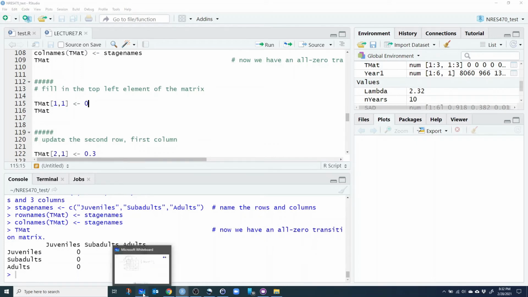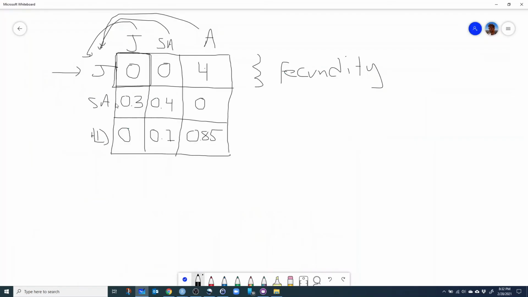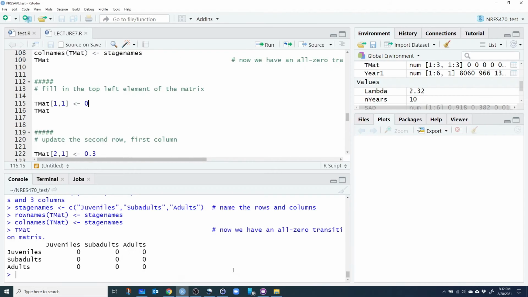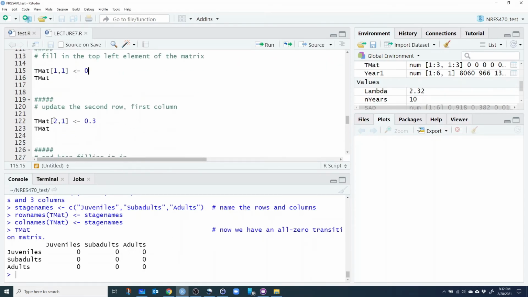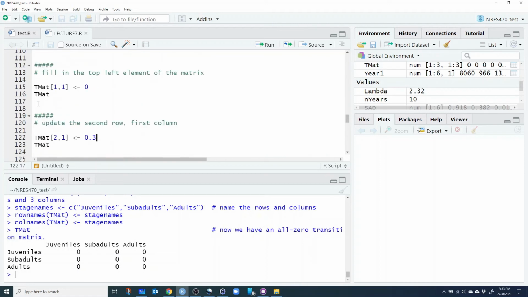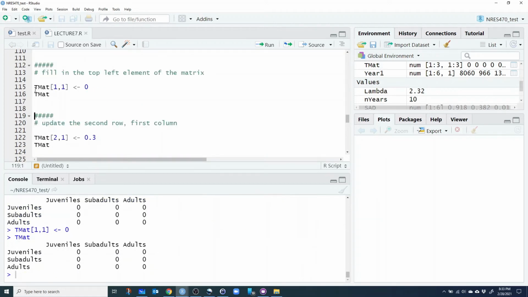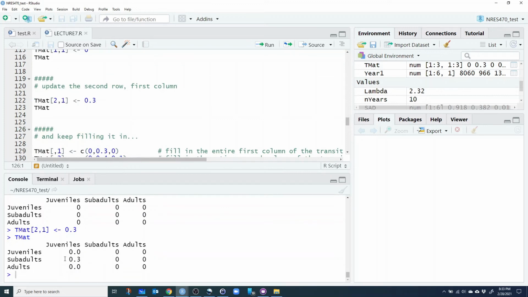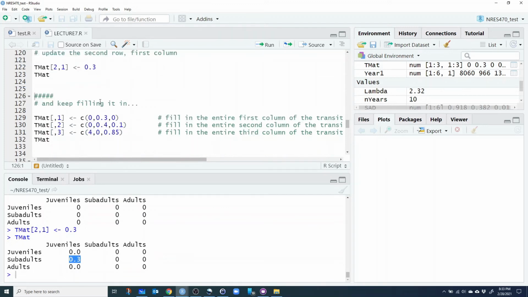Now if we go back here, we remember that the second row, first column should be 0.3. So let's say the second row, first column should be equal to 0.3. And if we run these lines, we now see that we have correctly filled in the second row, first column as 0.3.